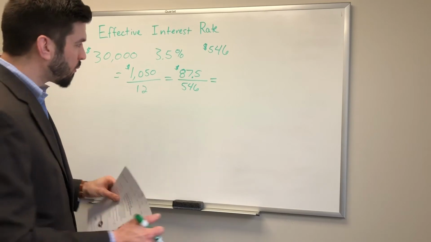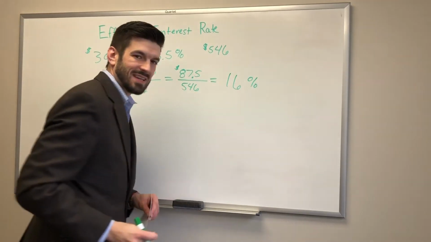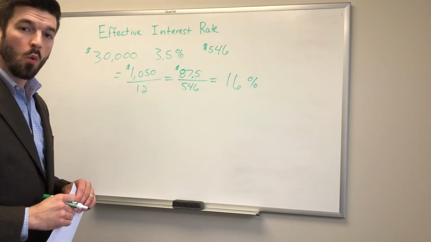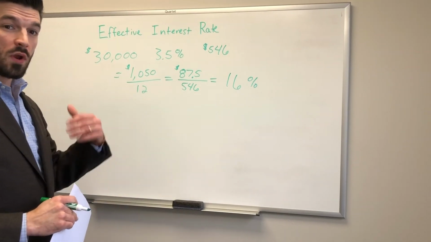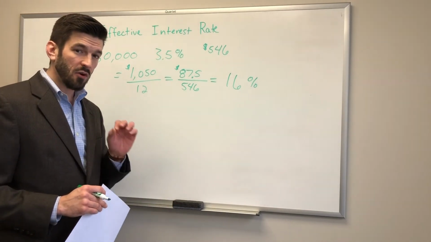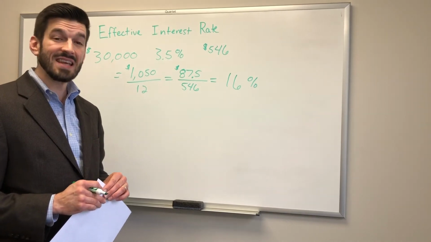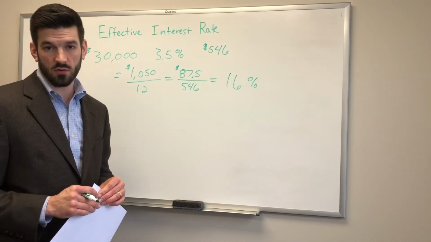However, in month one, your effective interest cost is 16%. What that means is when you make a payment in month one for this $30,000 vehicle, there is not 3.5% going to interest, there is 16% going to interest.